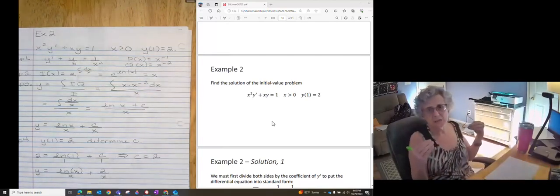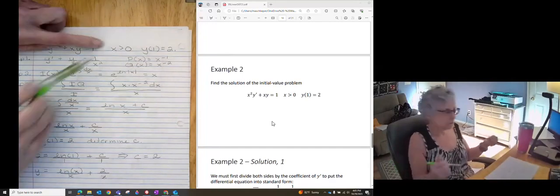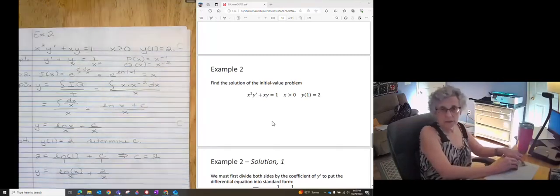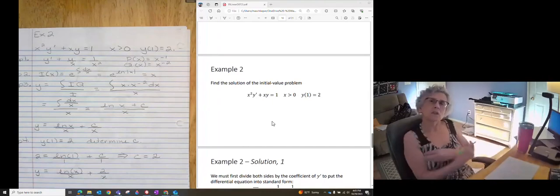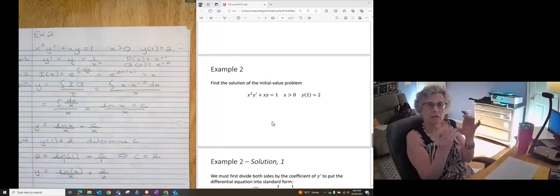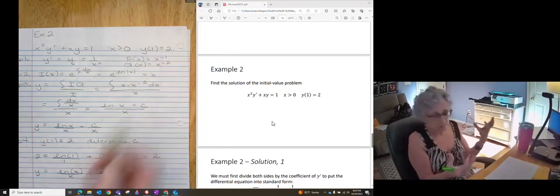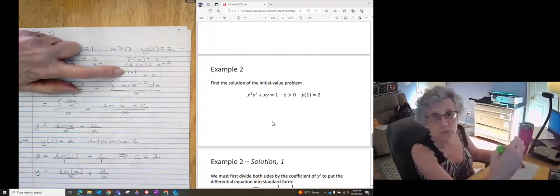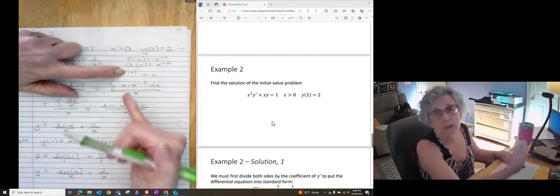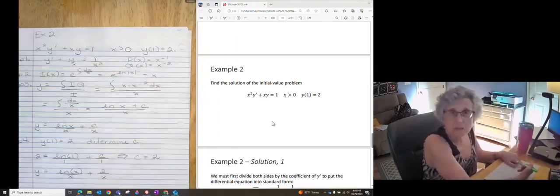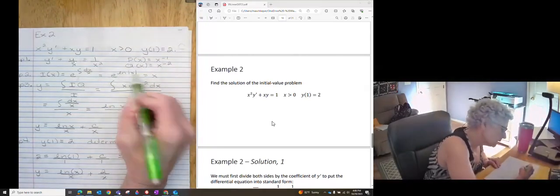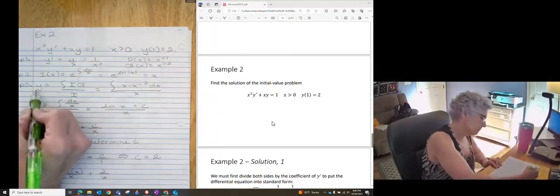And you notice I just kind of ignore the absolute values there. That's okay because my x is greater than 0 in this case. And usually we just think of kind of absorbing that into our constant. So we don't have to have every integrating factor. We just have to have one that works. So if I just look at the ones where x is positive, I'm going to have one that works. So we're okay. So e to the natural log of x is just x.